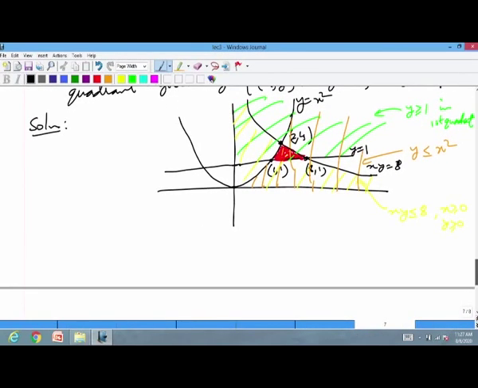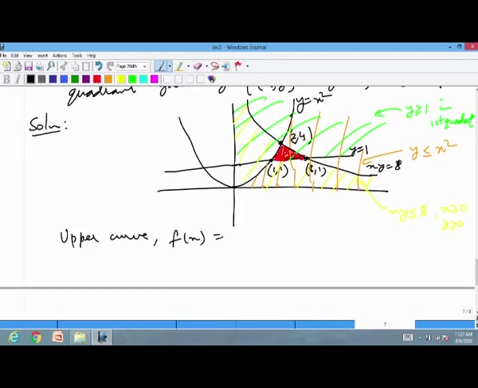Now, once we have drawn this, this is easy to do. So, here what is the upper curve? Let me write this upper curve f x.